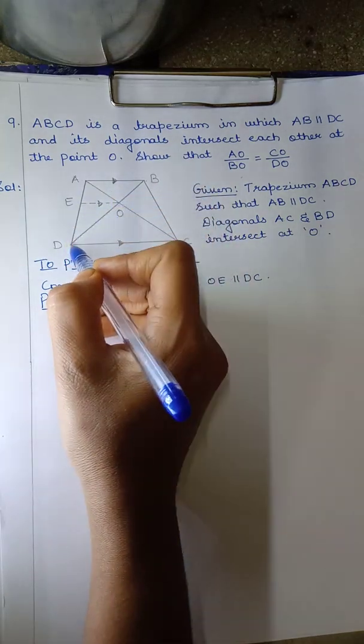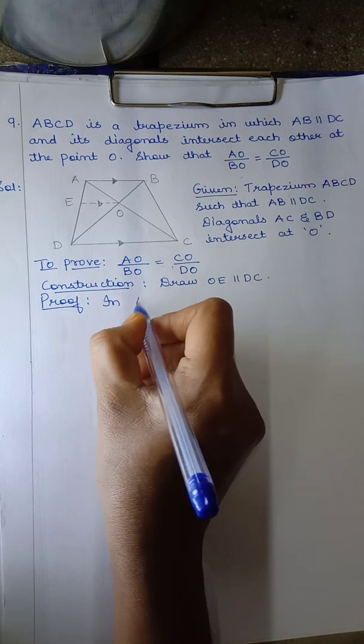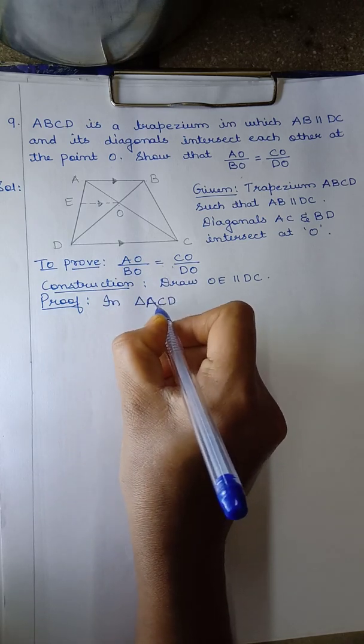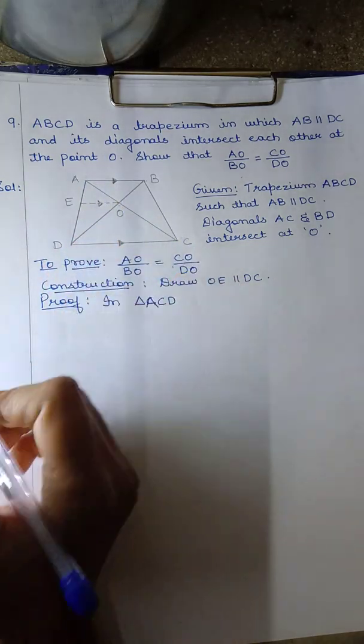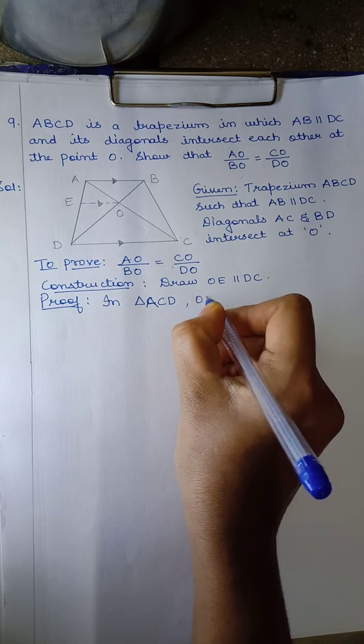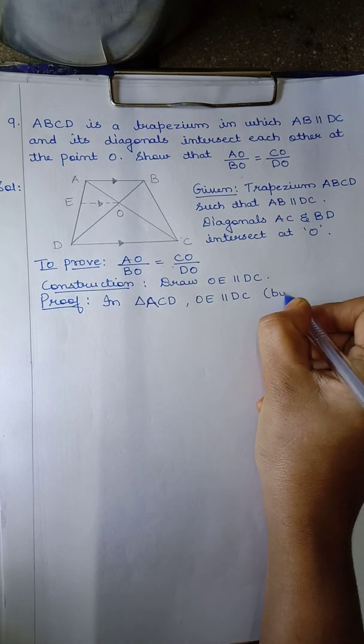First let us consider triangle ACD. In triangle ACD, OE is parallel to DC by construction.